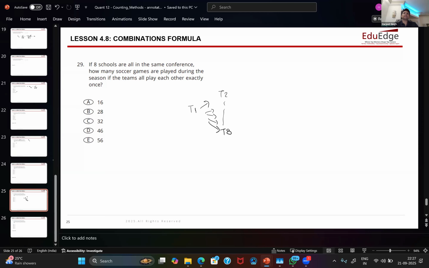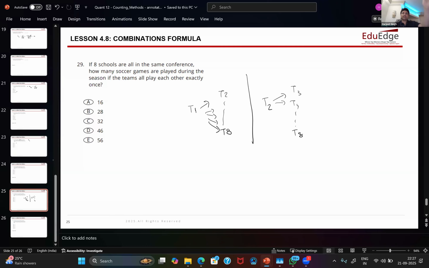That is what it means. And once T1 is exhausted, T2 can play with T3 onwards because it's already played with T1, so I don't count that. So T2 can play with T3, T4 all the way till T8.